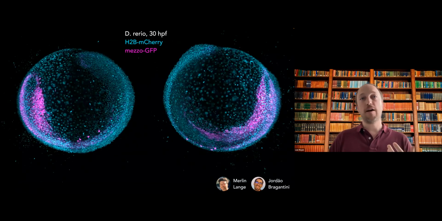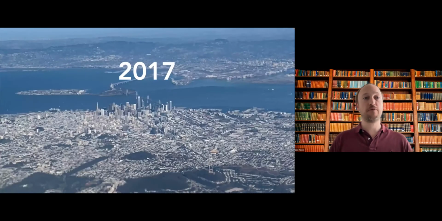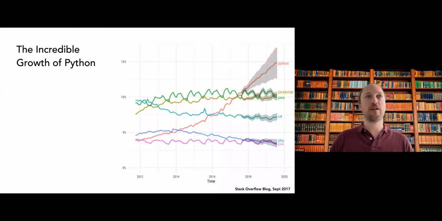But what happened when I started my lab in 2017 in San Francisco is that there was a dramatic shift in the programming languages that were used for scientific computing.